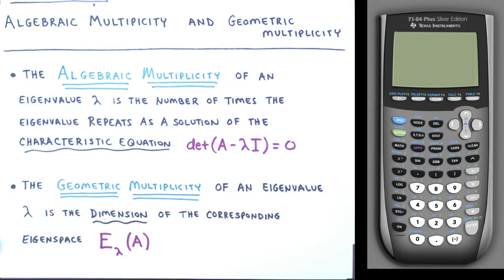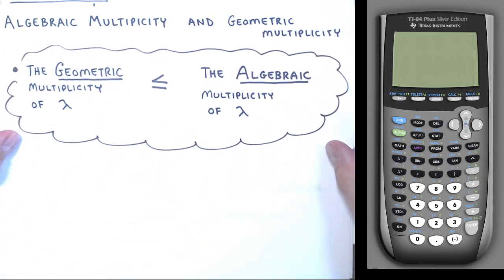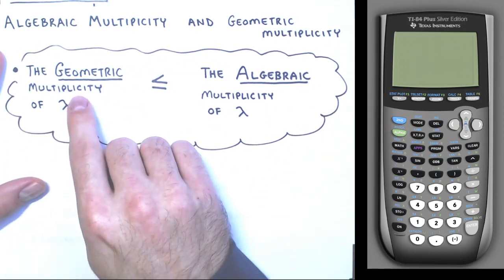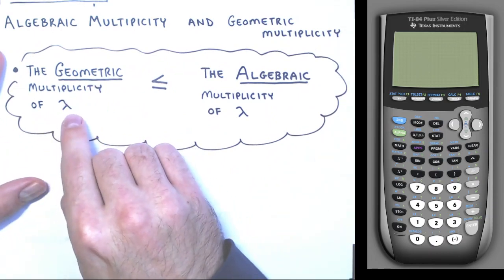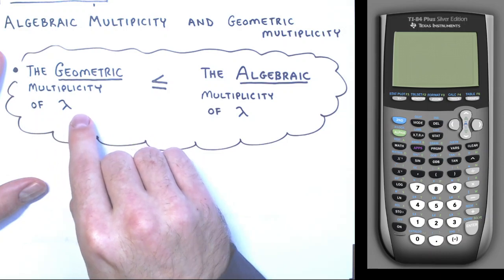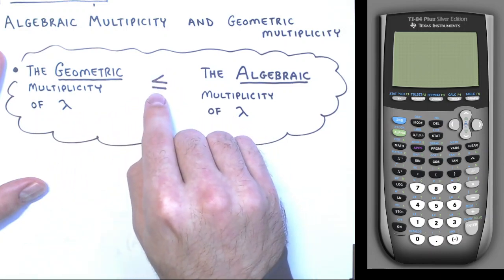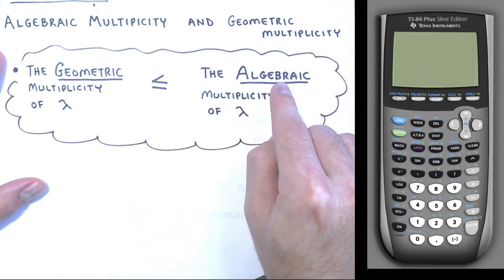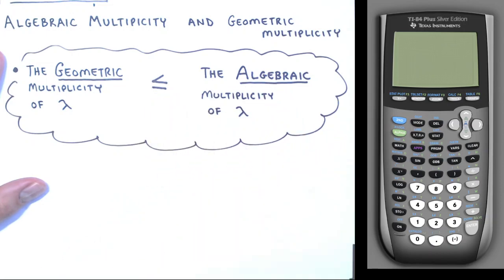And one thing you're going to notice, I'm not going to go over the proof of this. That's not the point of this video, but most texts I've seen have a proof or outline of it when they mention it. The result is the following: the geometric multiplicity of an eigenvalue lambda will be less than or equal to the algebraic multiplicity of that same lambda.